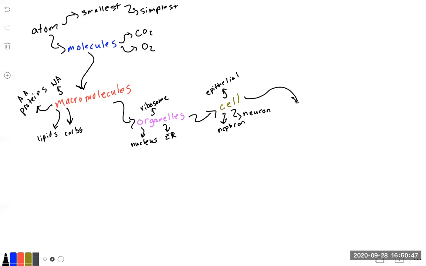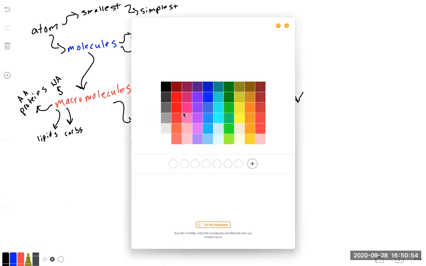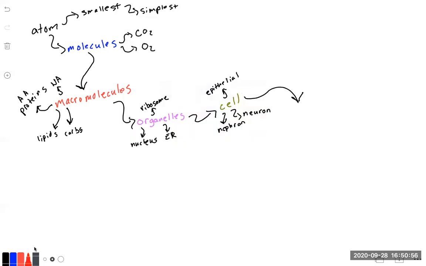So let's keep moving on to the next one. When those cells come together, say a bunch of neurons come together, they are going to create a tissue. And that's just the combination of epithelial cells or neuron cells. And in tissue, we've got, of course, different types.